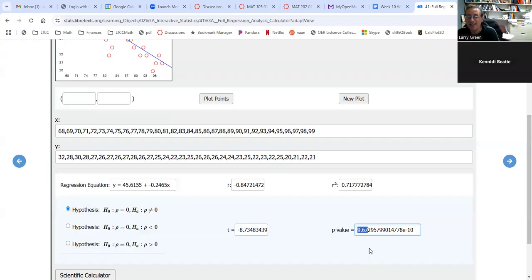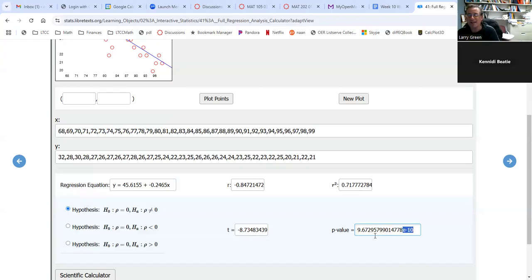What are you not seeing or not noticing in this box if you thought the p-value was 9.67? The E minus 10. Yeah, what does that E minus 10 tell you? The decimal goes out to the left, so it's going to be 0.0000000000967. Does that make sense?